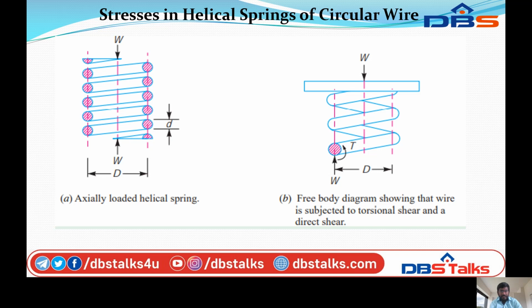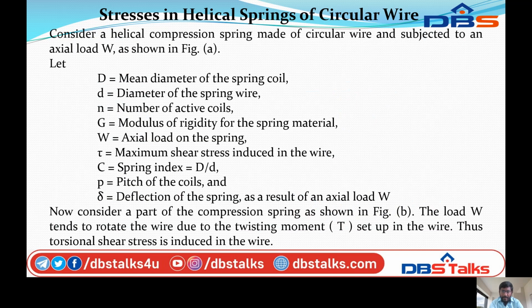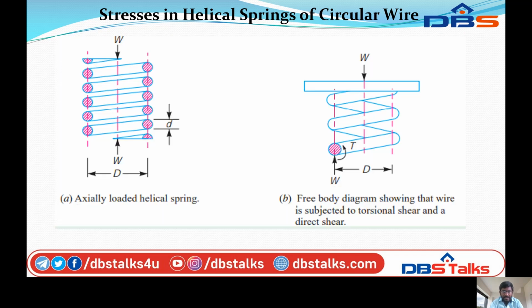You can see figures A and B of the axial load helical spring. This is the twisting moment, capital D is the mean diameter of the spring, and small d is the diameter of the wire.